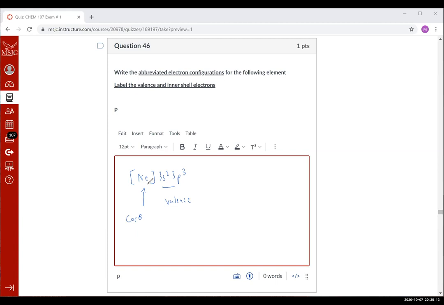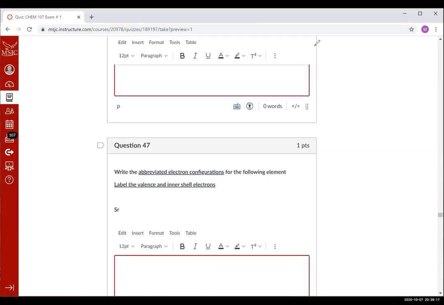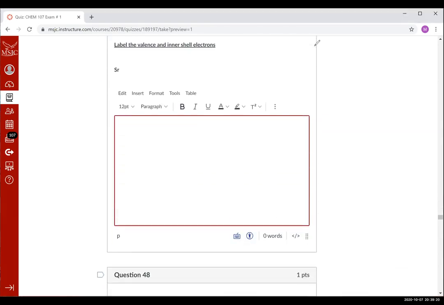Perfect. So let's look at another example. This time we're looking at something like strontium. So in the case of strontium, the preceding noble gas is krypton, or Kr.